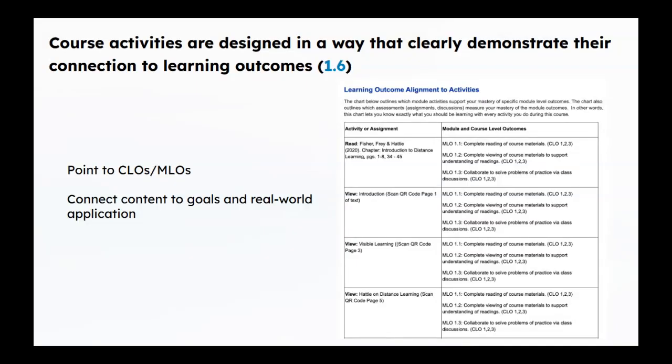You've got the activity and the assignment, and you're telling what module or what course outcome it connects to. I don't do this on my own regularly because I don't think students read it, but I just make sure I have all the course outcomes and the module outcomes available each time.